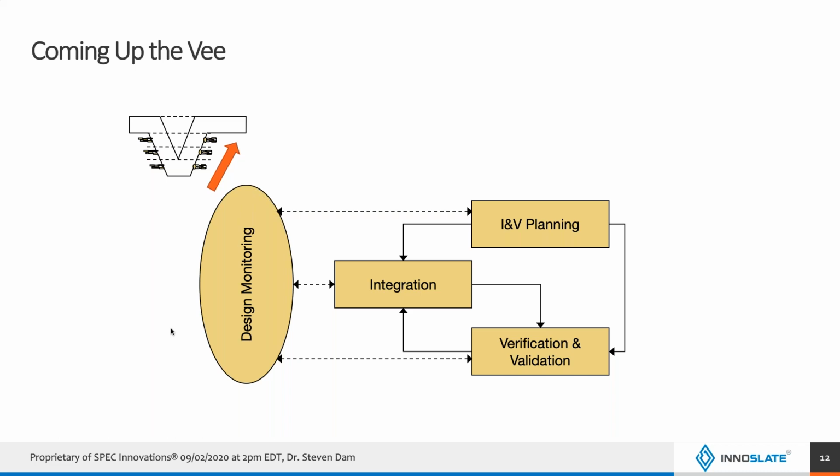Also integration. You're going to be bringing those pieces up together, and as you start piecing them together and seeing how they interoperate as subsystems and into the actual system itself, you want to conduct that integration and also, in parallel, some V&V on those cycles.